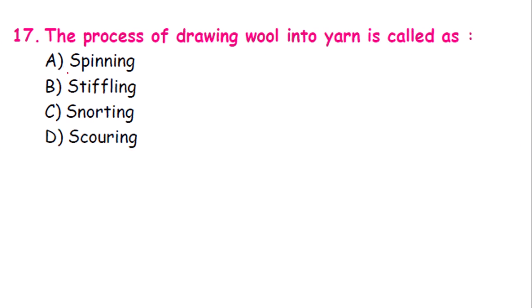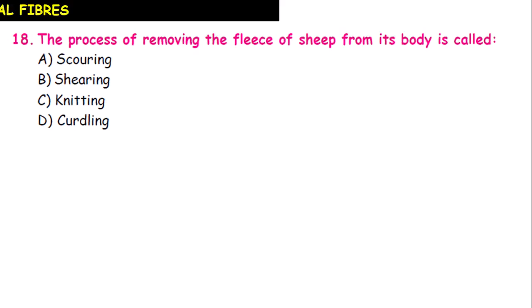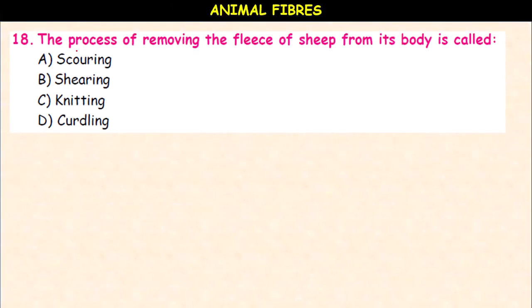Next, the process of drawing wool into yarn is called spinning, stifling, snorting, scouring. It is spinning. The process of removing the fleece of sheep from its body is called scouring, shearing, knitting, curdling.